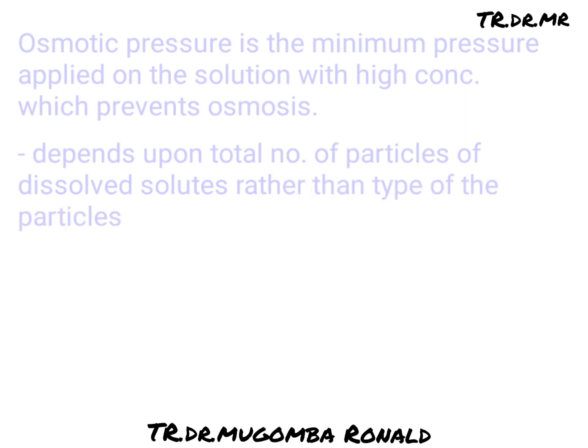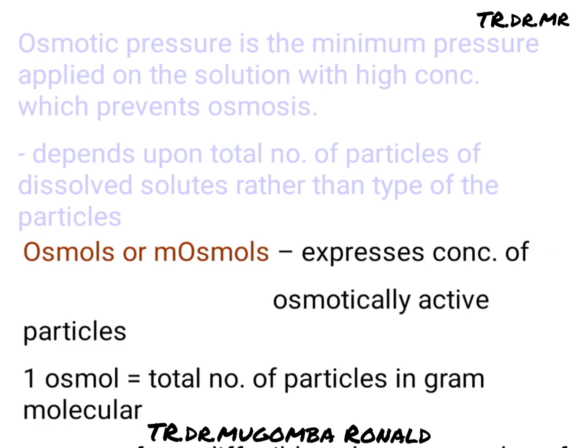It usually depends on the concentration of dissolved salts rather than the type of particles, and it is usually expressed in milliosmoles. So the osmotic pressure is that pressure that you must exert on the side where we are having a very high concentration to go against osmotic influx of water into that solution.